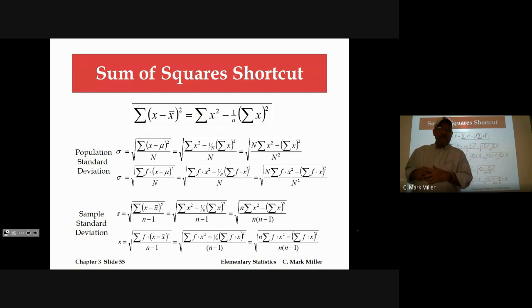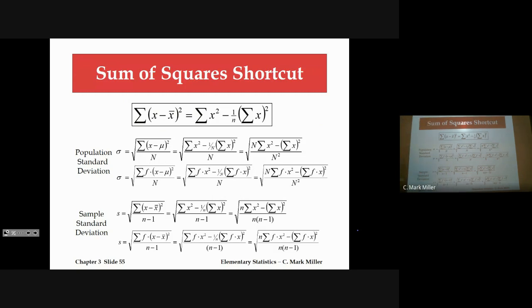The second reason is that it has the same units as the data. You don't wind up with square years or square pounds, etc. You wind up with the units the same as the data, so they're easier to interpret.